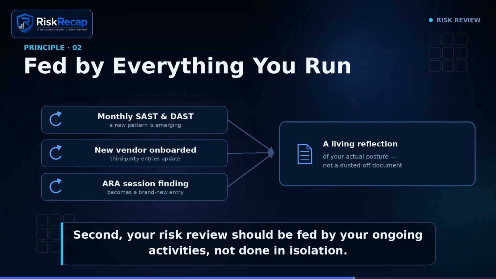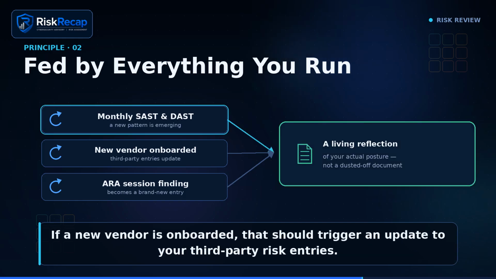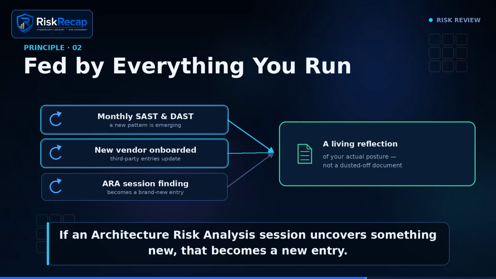Second, your risk review should be fed by your ongoing activities, not done in isolation. If your monthly SAST and DAST results show a new pattern emerging, that should flow into the risk register. If a new vendor is onboarded, that should trigger an update to your third-party risk entries.